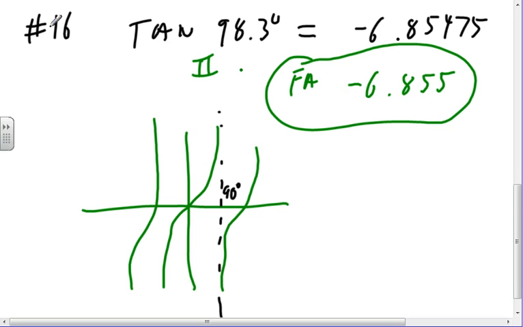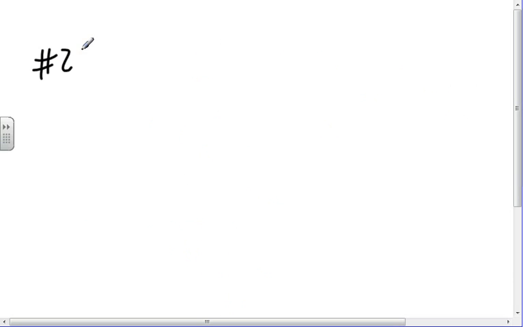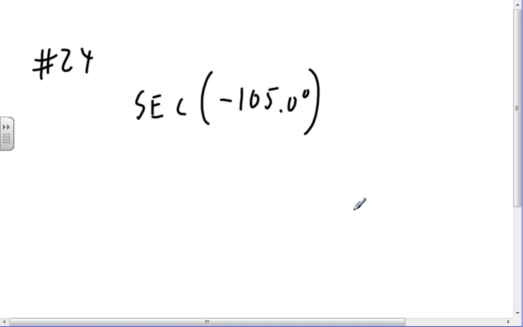Number 24. We want the secant of minus 105.0 degrees. All right, now look on your calculator. Where is the secant key? Bummer. We don't have one, but secant is 1 over cosine. So 1 over the cosine of minus 105.0 degrees.